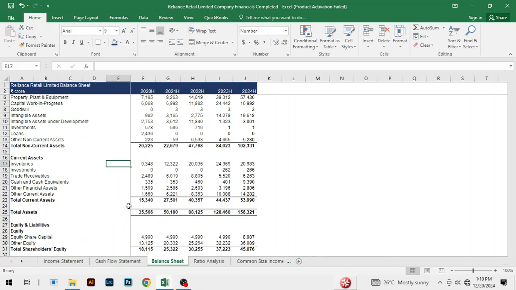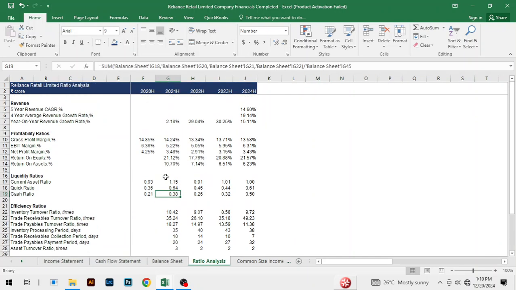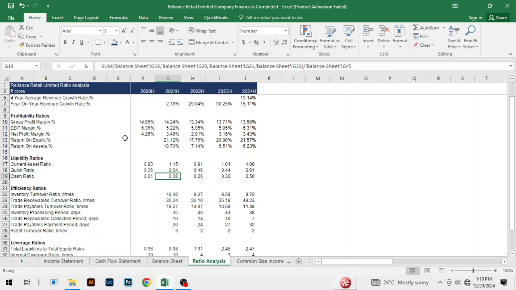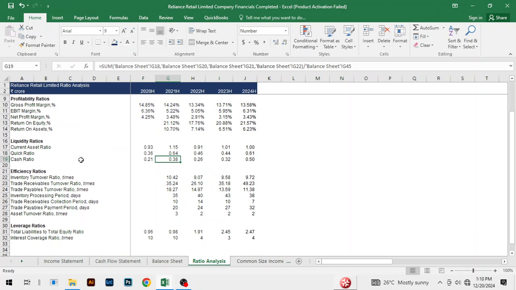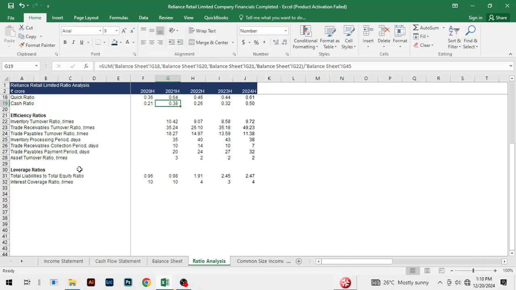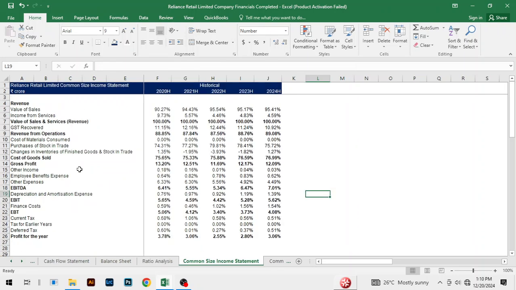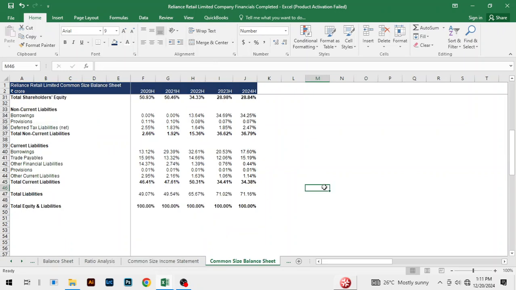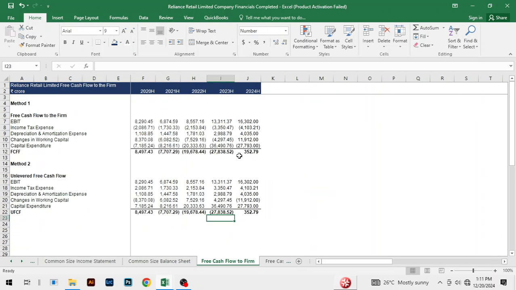Here you can see these are the ratios that I computed: profitability ratios, liquidity ratios, efficiency ratios, and leverage ratios. I also came up with the common size income statement and the common size balance sheet.